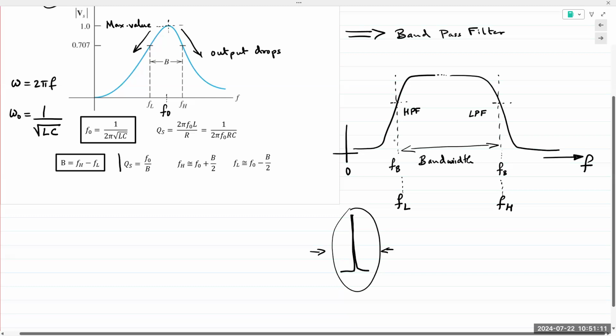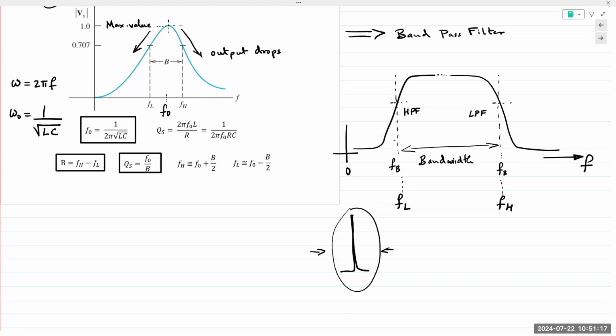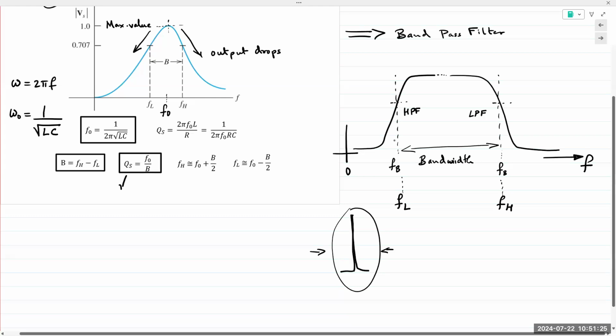And we define a term known as the quality of that filter circuit. This quality Q is not the same as the quality of the inductor or quality of the capacitor. This is the quality of the filter circuit, the quality of the circuit to function as a filter.